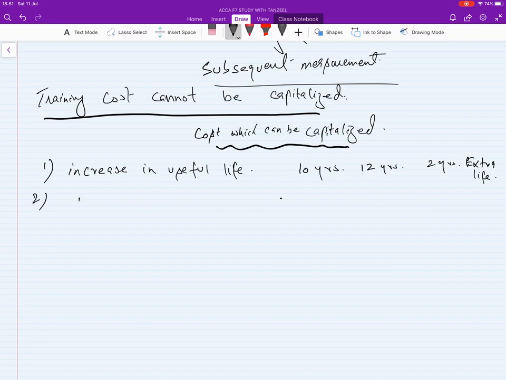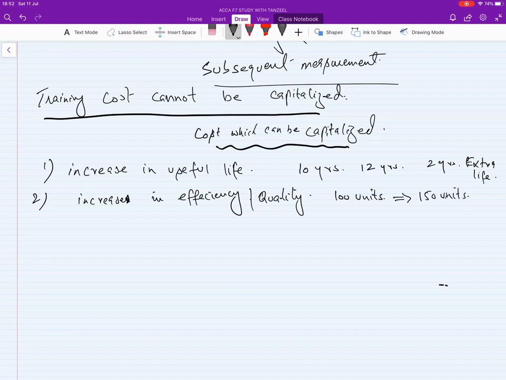Second, an expense which increases efficiency, or quality or quantity, or both. If you have a big machine that was working fine but producing 100 units before, and you install a new part in it, and after installation it starts giving you 150 units.